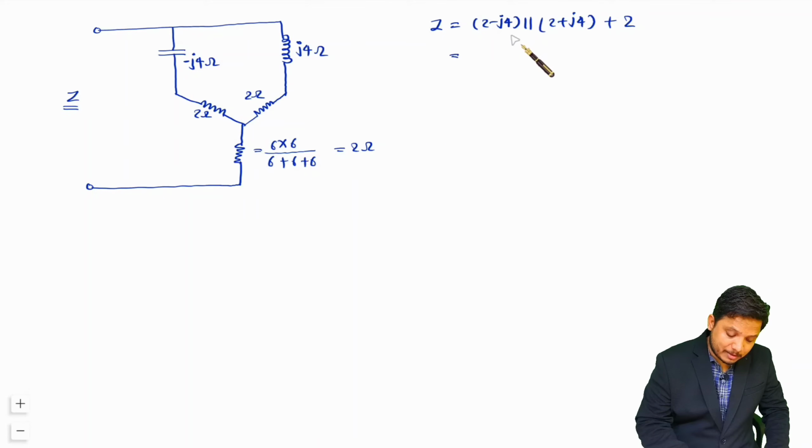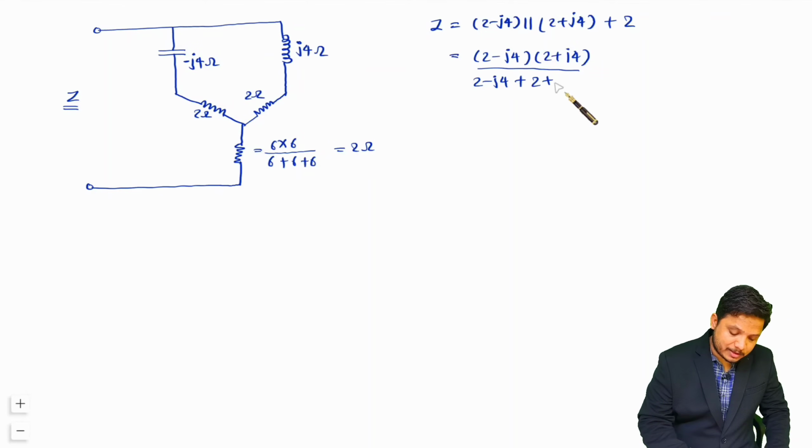Now parallel means what? 2 minus J4 into 2 plus J4 divided by 2 minus J4 plus 2 plus J4, plus 2. Now see, in the numerator, 2 minus J4 into 2 plus J4 is 2 square minus J square 4 square, divided by this, where plus J4 and minus J4 will get cancelled, giving 4, plus 2.